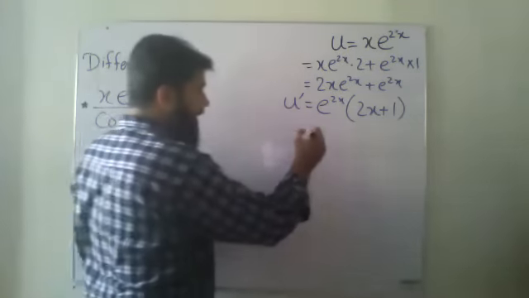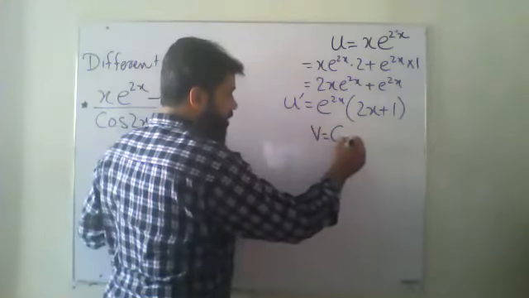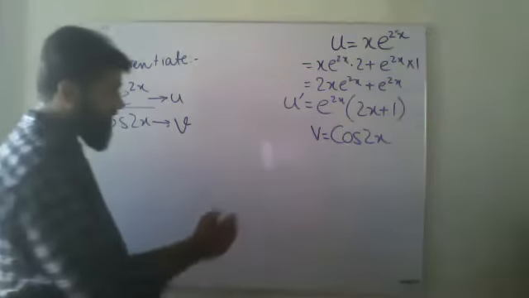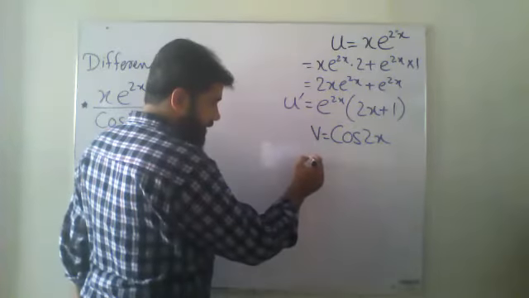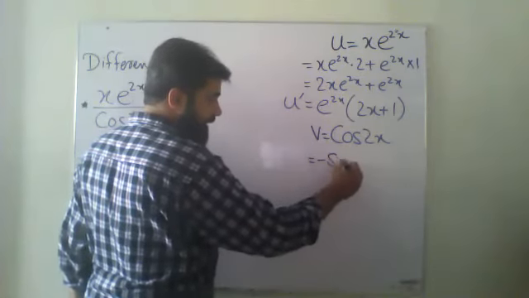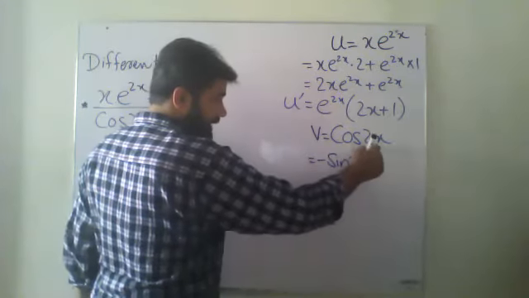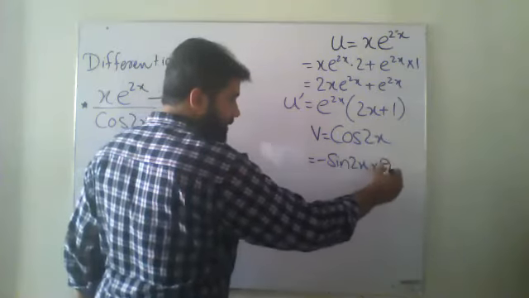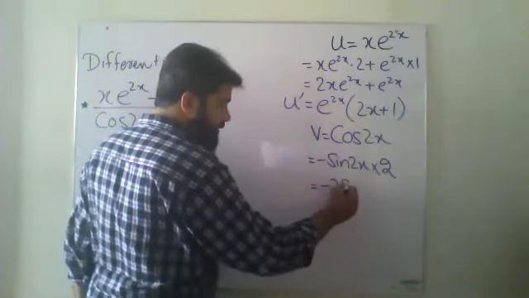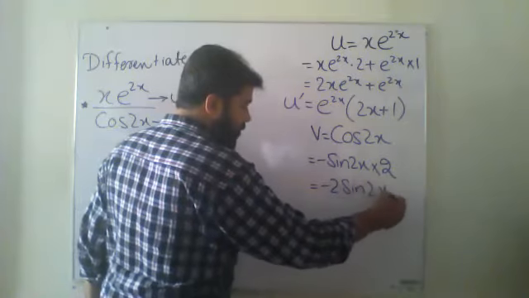So my v is cos 2x, and v differential will be, first of all, cos 2x differential will be minus sine 2x. Then 2x differential will be 2, and when I simplify it, it will become minus 2 sine 2x.